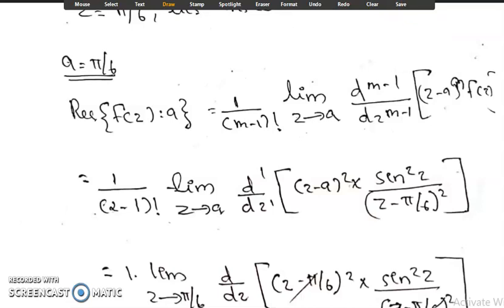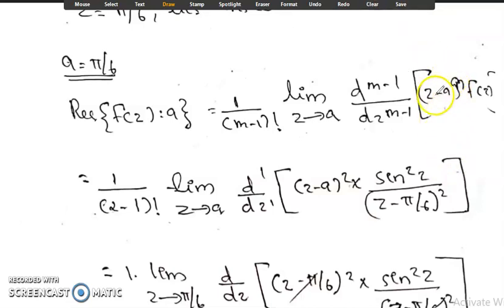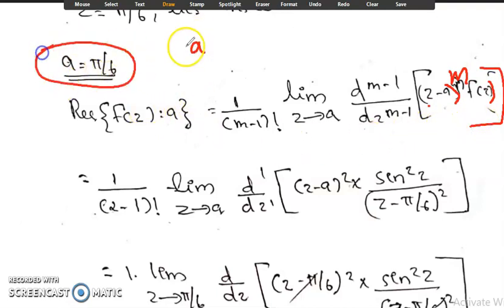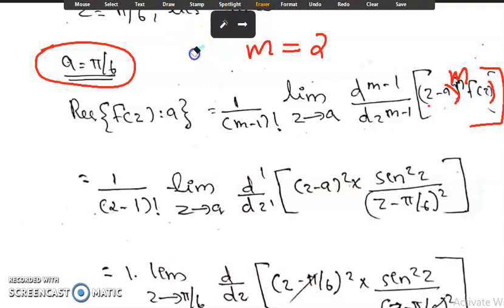Here a is pi by 6, and the order is 2, so we take m as 2.